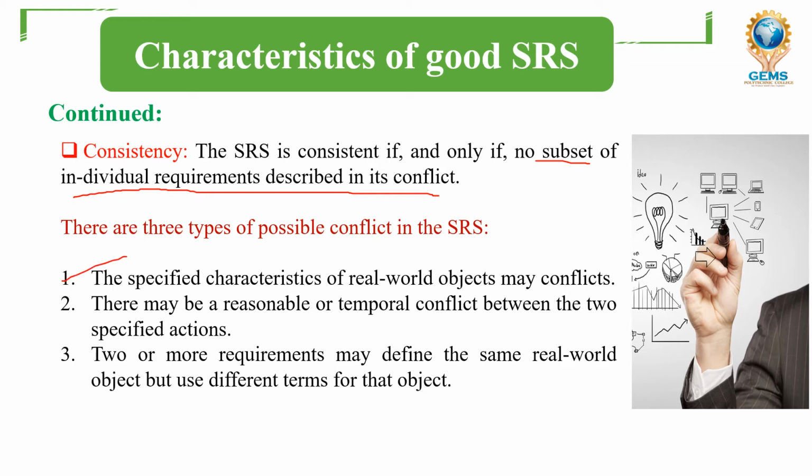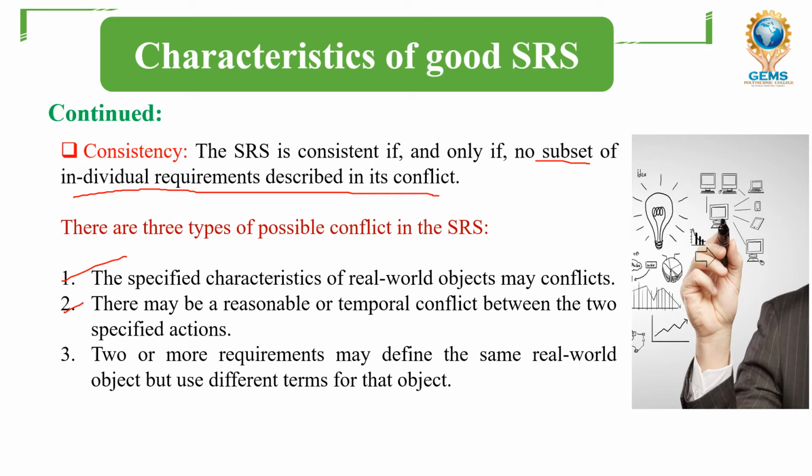A specified characteristic of a real world object may conflict. So I am going to explain to you. We have three types of possible conflict in the SRS. First is that the specified characteristics of real world objects may conflict.